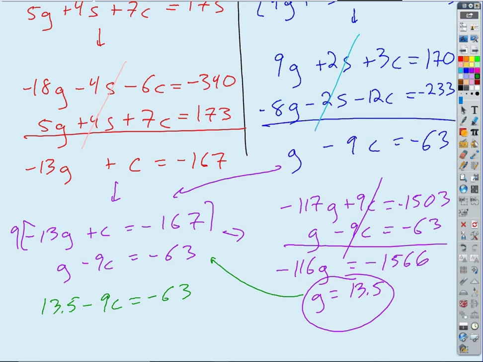We got to subtract 13.5. So that's going to give me negative 76.5, and if I divide by negative 9, what's that give us? 8.5.